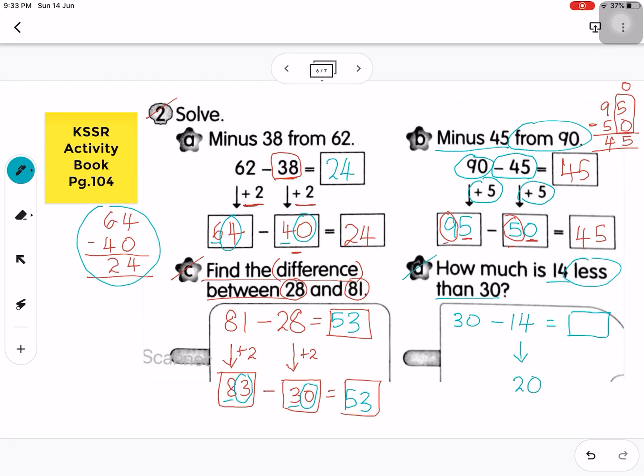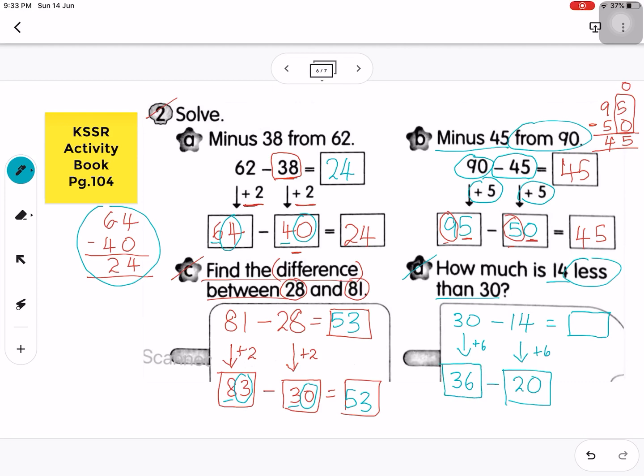Must find the biggest one. Let's count on 14: 15, 16, 17, 18, 19, 20. That means 14 plus 6 more is 20. So when 14 plus 6, 30 also needs plus 6 more. 30 plus 6 is 36.